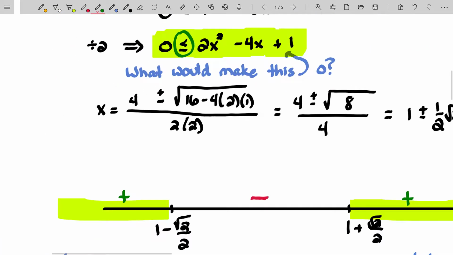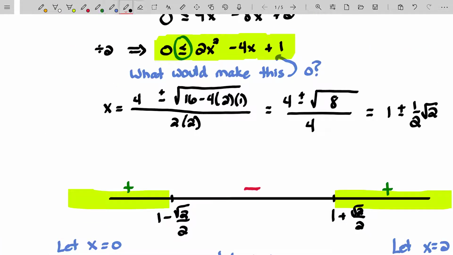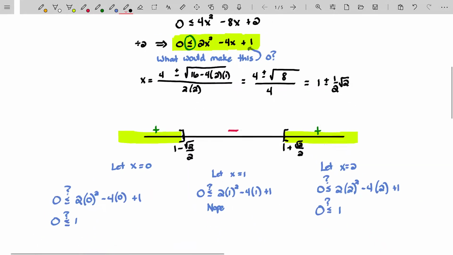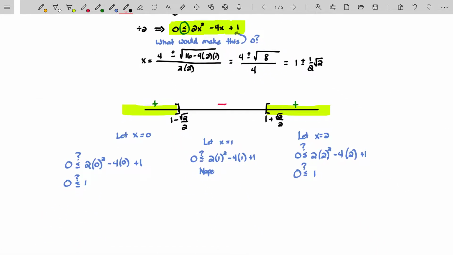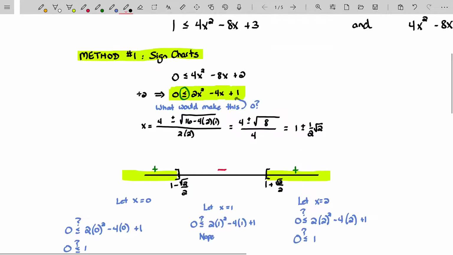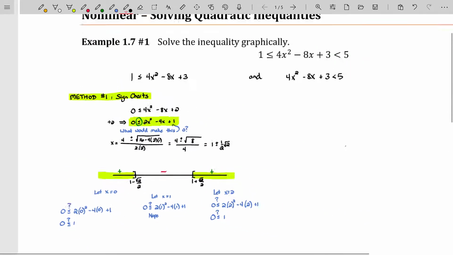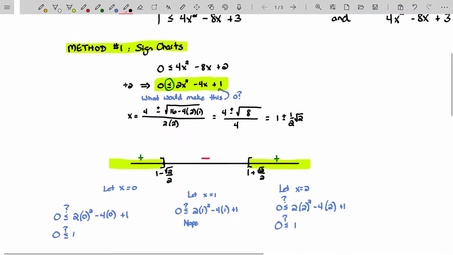So in that highlighting there, I'm going to include the edges. Some people use a solid dot. I use a bracket. It's just a personal preference. And we could write down in interval notation, if we wanted to, the set of solutions to this specific inequality. Remember, there are two of them we have to deal with in this problem.